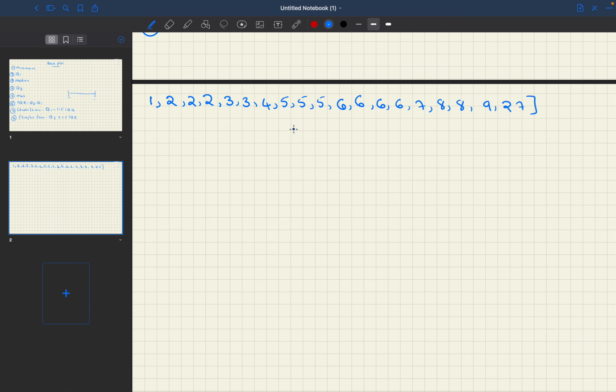So this is my data set. By looking at it, we can simply say that 27 is an outlier. So we are going to prove that.